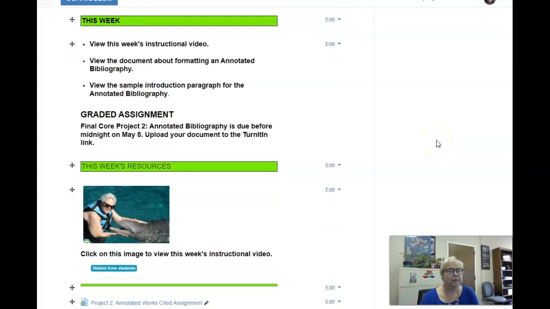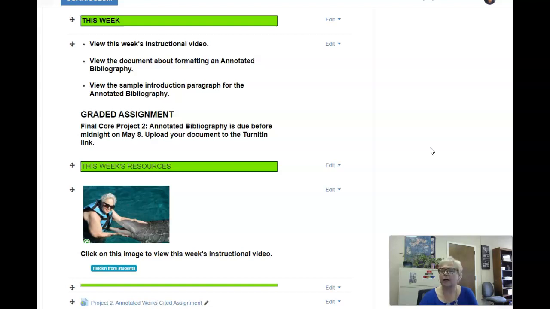Last week you picked your 4 sources for Core Project 2. You made your annotations on those sources, and you shared that with me in a journal. This week we're going to take that information from your 4 sources, and we're going to add an introduction paragraph to it.